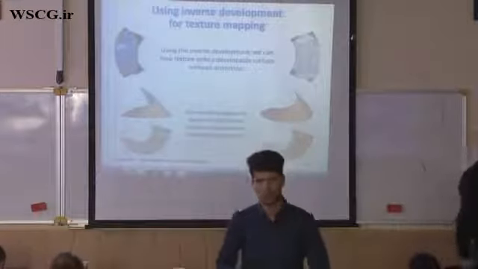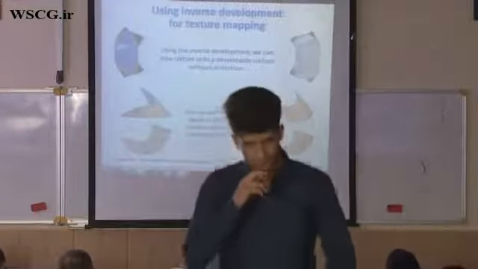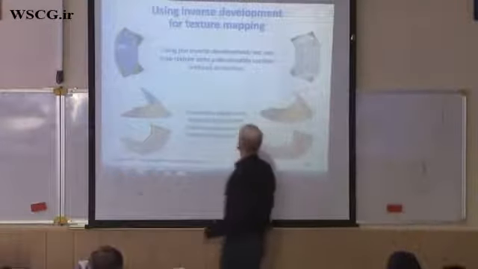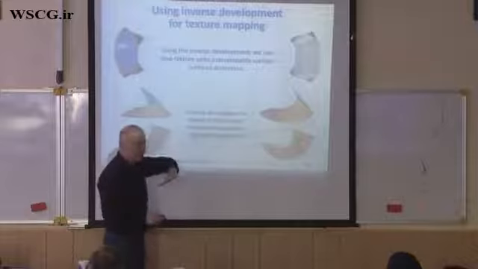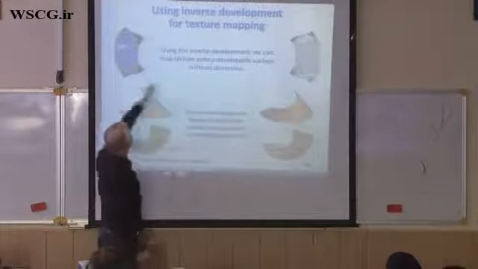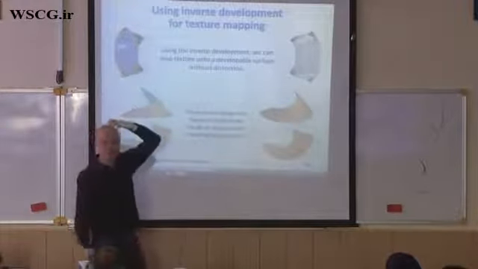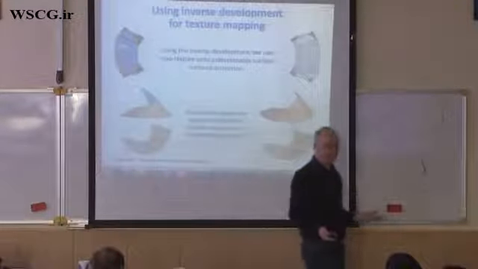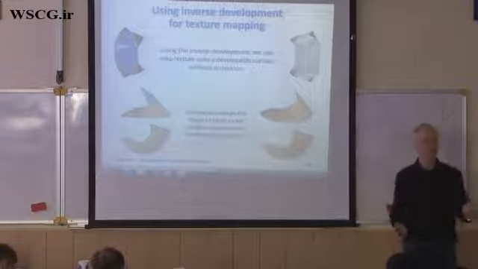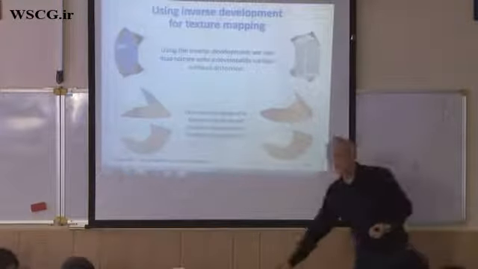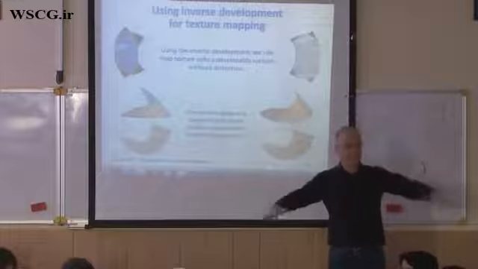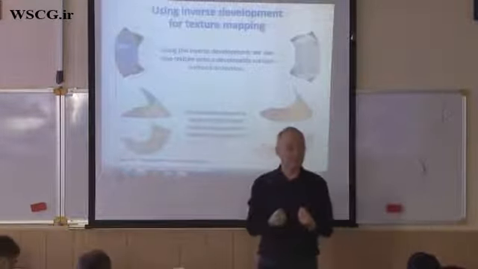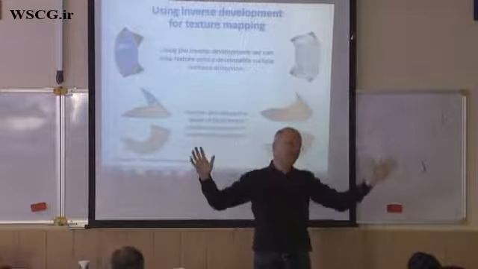Of course, if we want to texture a surface, it is most easily done if we have a developable surface. Because we first unfold the surface in the plane, put our texture, and then map it back. There will be no distortion of the texture. Most surfaces in applications are not developable. So the computation of an appropriate mapping of such a surface into the plane, which the computer graphics people call parametrization, is an elaborate area of research.